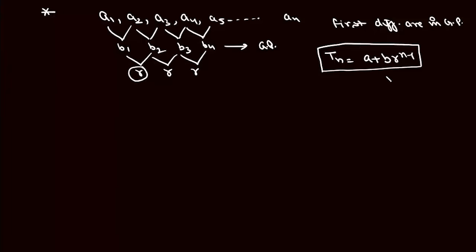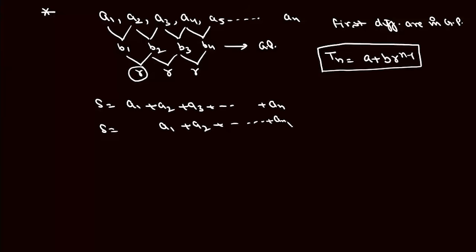Now we can prove this also using that shifted sum method. So this sum is S. So this is a1 + a2 + a3 up to an. Again, this is a1 + a2 + ... + an−1 + an. If we subtract, we can write 0, and this is a1. Now a2 minus a1 will be this b1, b2, up to bn−1, and minus an.